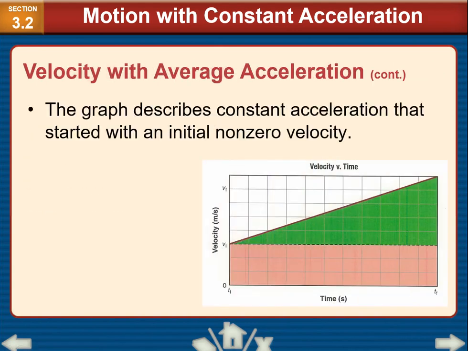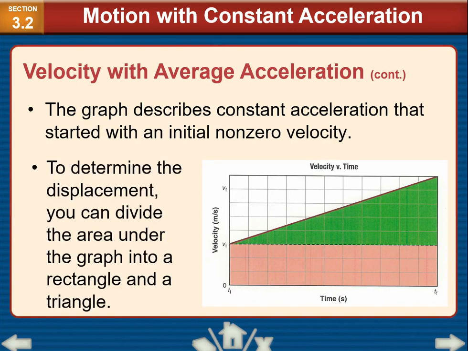All right, so now this one we have an acceleration. So for this, we'll have to look at figuring out the area under this entire curve. Well, we have a rectangle, but we can also break this upper part into a triangle, and the area of a triangle is 1/2 base times height.